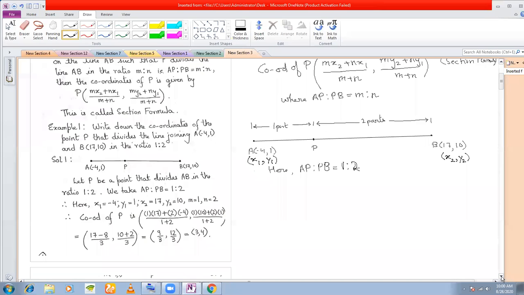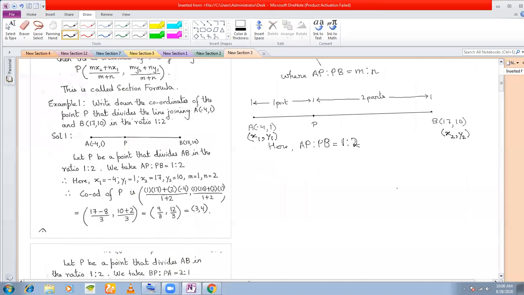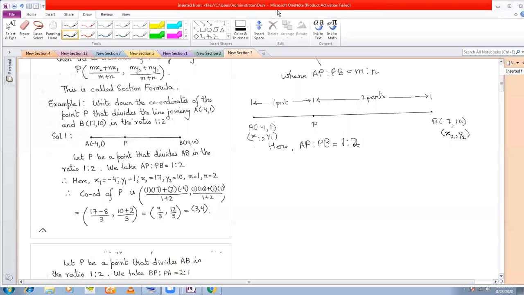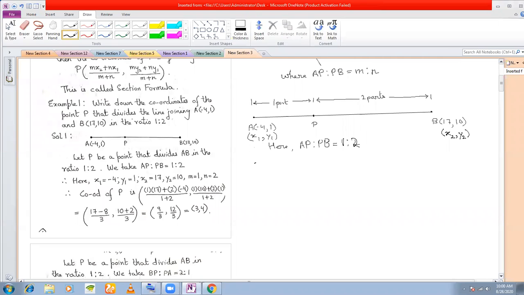It is given in the note also. What if we start from B, then what happens? So to start with, just because we are starting from A, we are writing all this here. x1 is equal to minus 4, y1 is equal to 1, x2 is equal to 17, y2 is equal to 10.